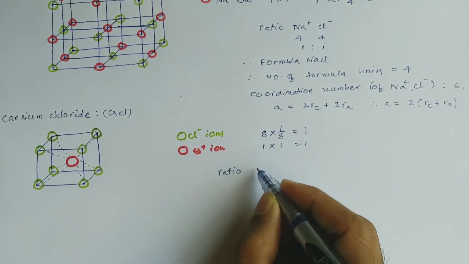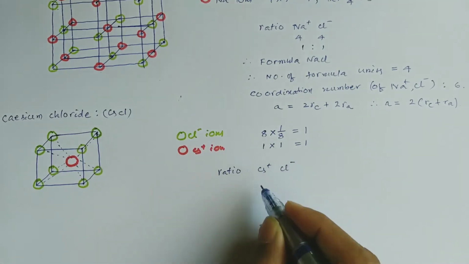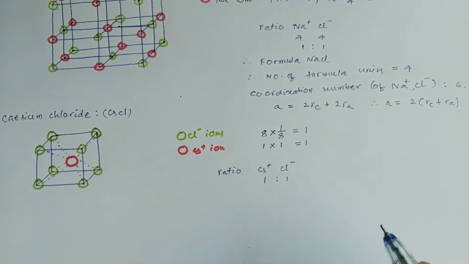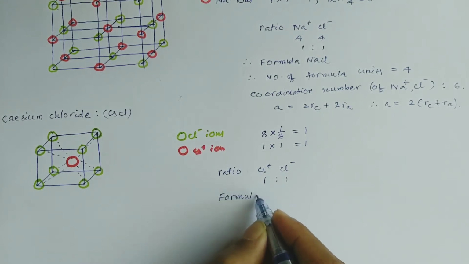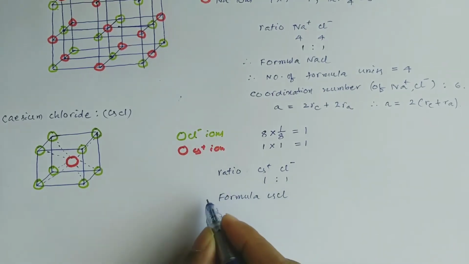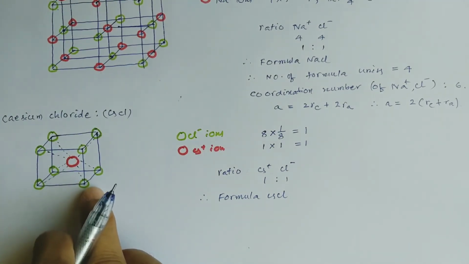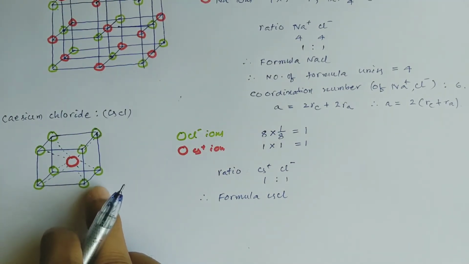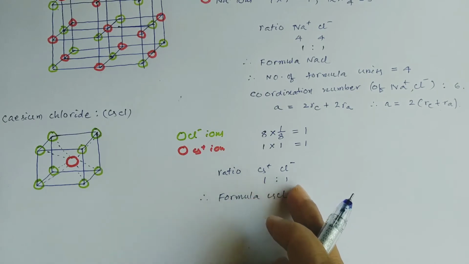The ratio of Cs plus and Cl minus is 1:1. That is the reason why the formula becomes CsCl. Even though there are 8 Cl minus ions present in this unit cell, the formula is written on the basis of the ratio, that is 1:1.